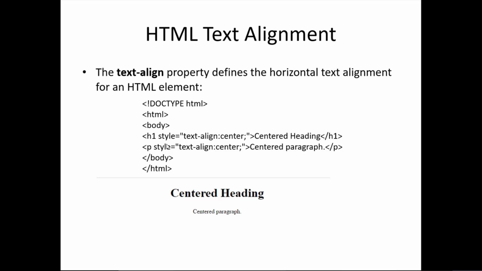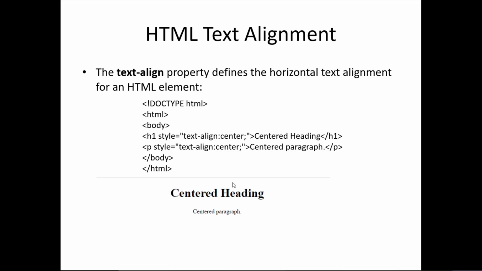So how to use this property? H1 style equals text-align. Make sure you enter the correct property name and value. Like text underscore align will not work. So text-align is the property name, colon, then whatever value you want to put. If you want the text displayed on the left-hand side, put left.